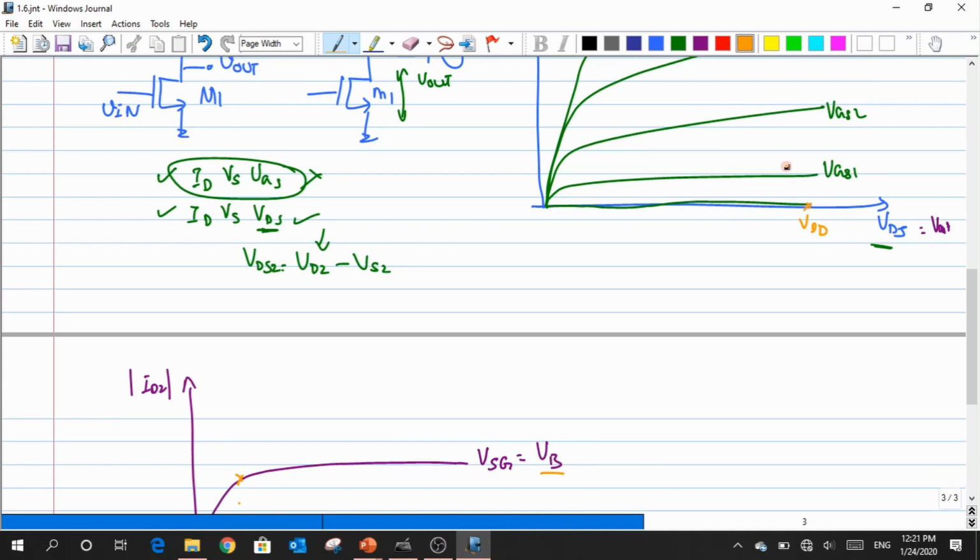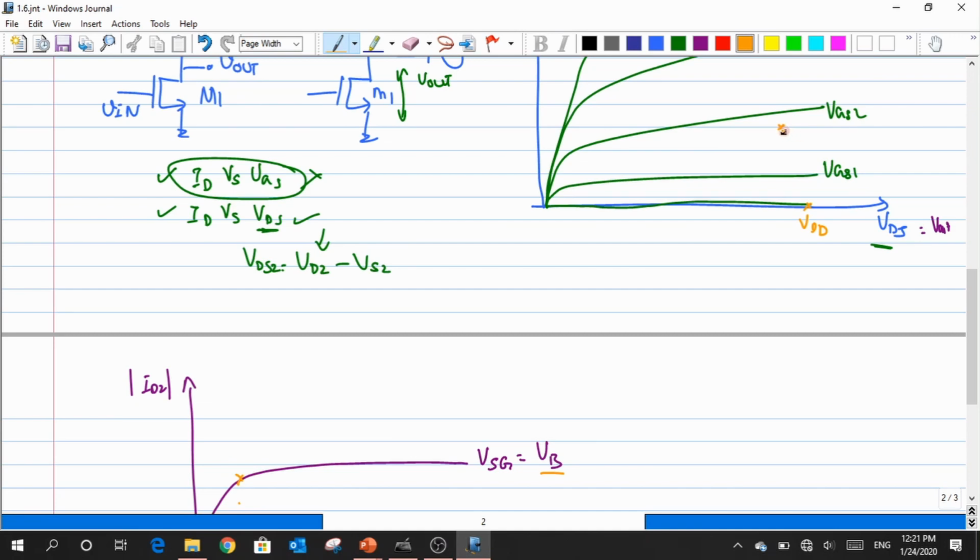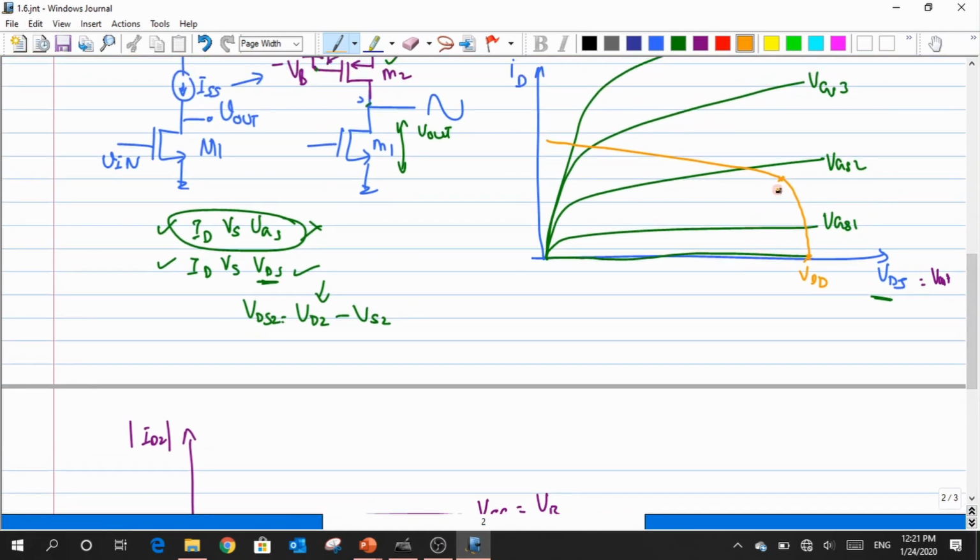Okay, so that particular point, I'm just randomly picking, would be something like this, and after that the graph would be somewhere like this. Is that all clear? So this entire graph is being mirrored onto the top graph, which looks something like this, and this value is marked as VDD minus VOV2. Is that all clear? Yeah.